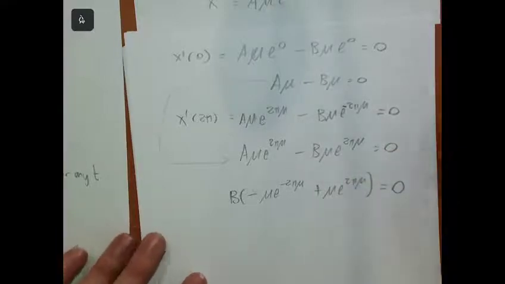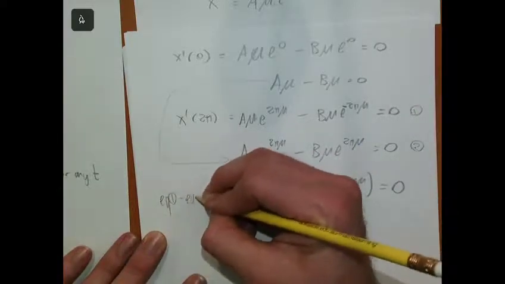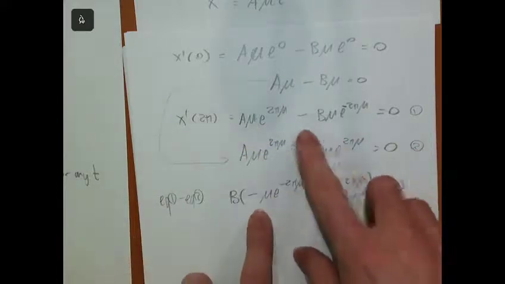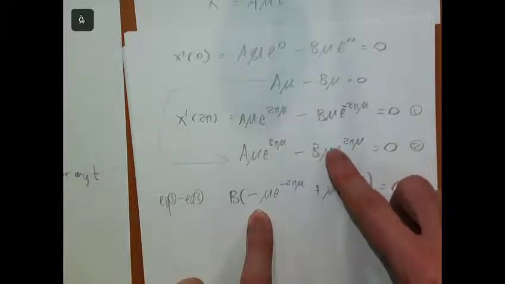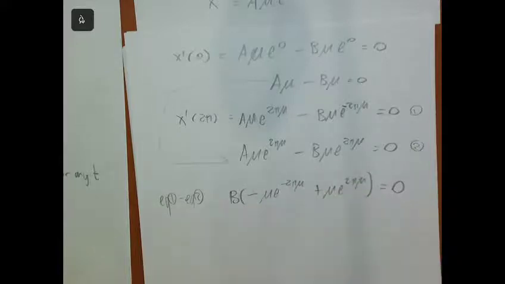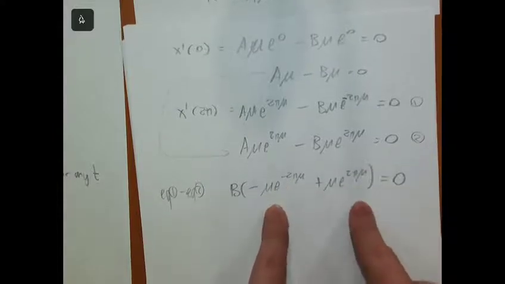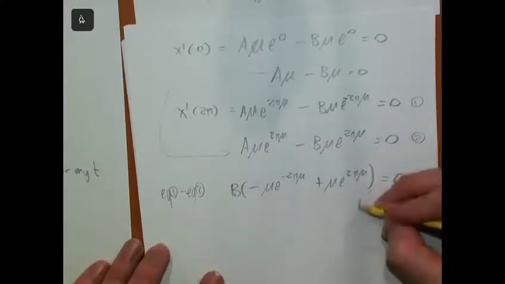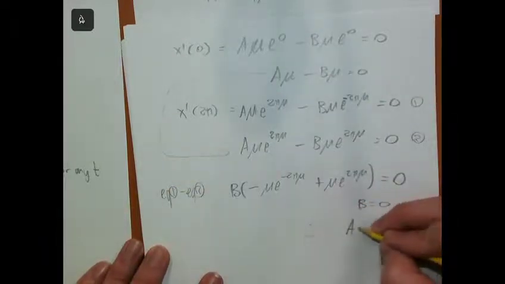So I'm going to go equation 1 minus equation 2, and I'm going to get that. b times minus mu e to the minus 2 pi mu minus b times this, and I bring the b out and I get this. But look, this number is not 0, because this is a minus 2 pi mu and this is a plus 2 pi mu. So these numbers do not cancel out, and so I can divide by it and get b equals 0, sub that back into the first one, and therefore a equals 0 as well.